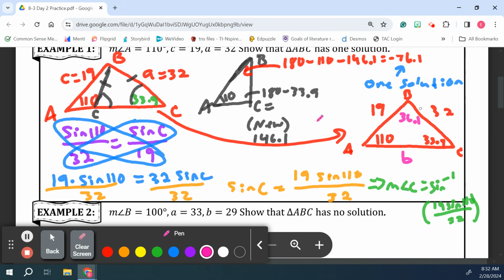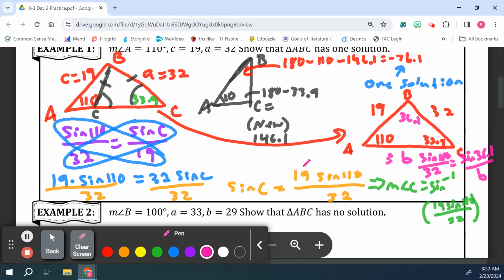So now let's finish solving for this, okay? Remember, the sine of 110 over 32 equals the sine of 36.1 over letter B. So someone tell me, solve for this, what is little b, rounded to the tenth?